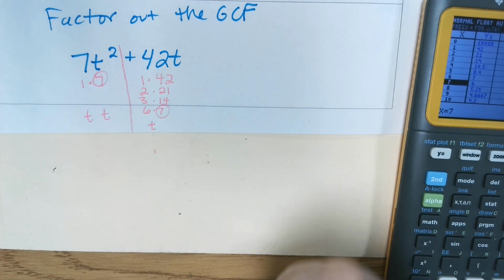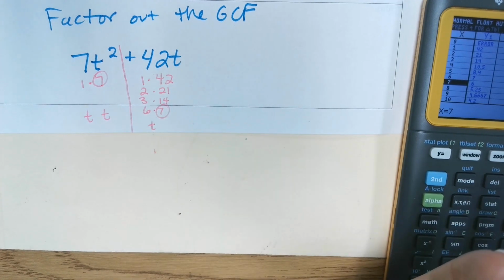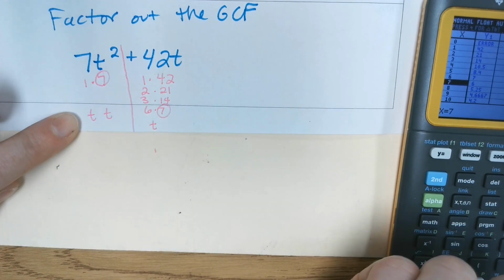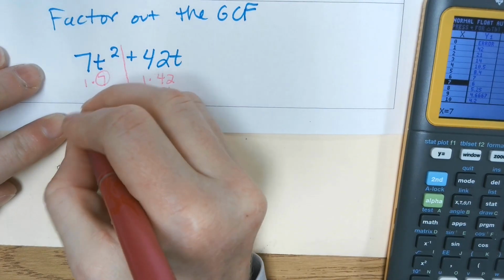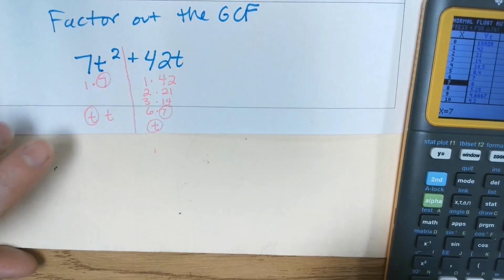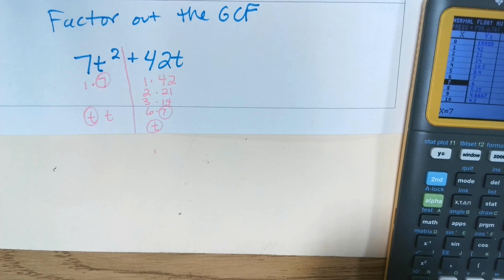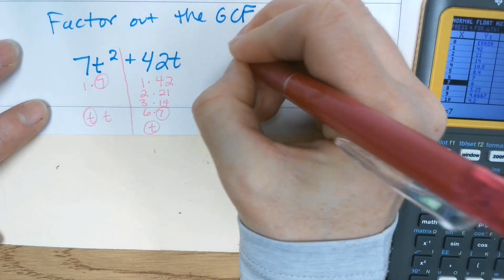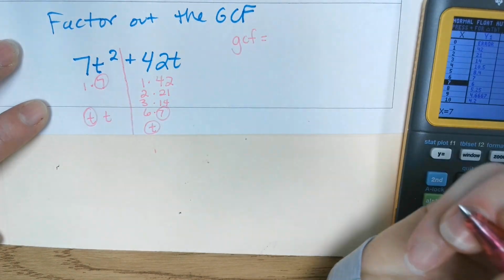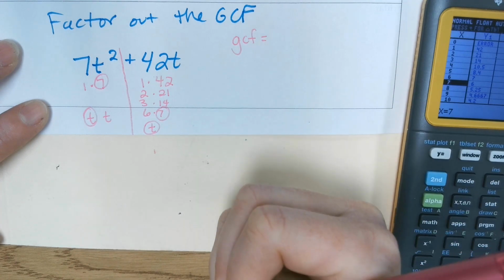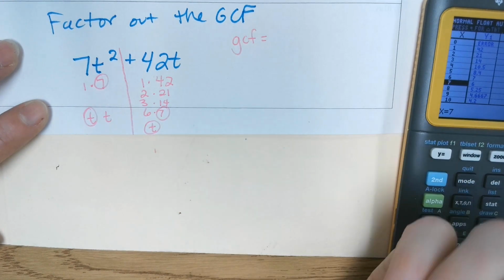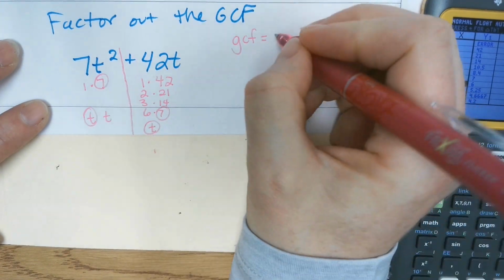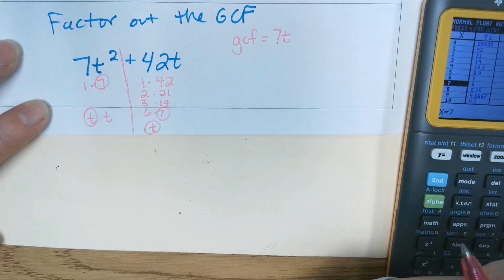So how many can I circle because they both have them? Just one of them. So circle one of the t's on both columns. So now we can write what the GCF is. Whatever I circled on both is my GCF. So I circled 7t. So that's my GCF.